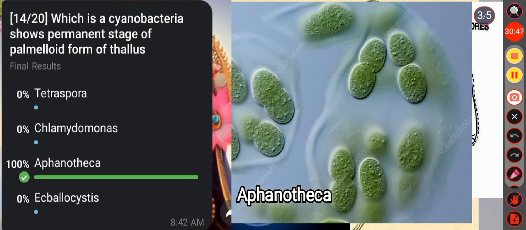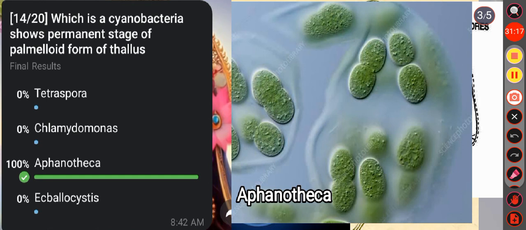Then question number 14, which cyanobacteria shows permanent stage of palmelloid form of thallus? Option A Tetraspora, option B Chlamydomonas, option C Aphanotheca, option D Ichthyocystus. Here the correct answer is option C, that is Aphanotheca.